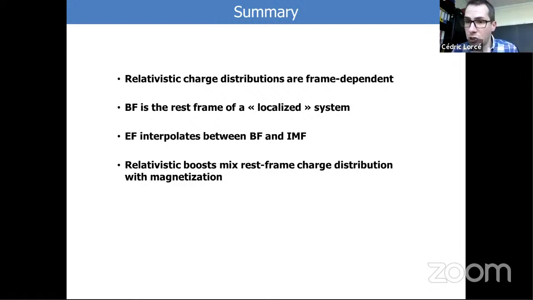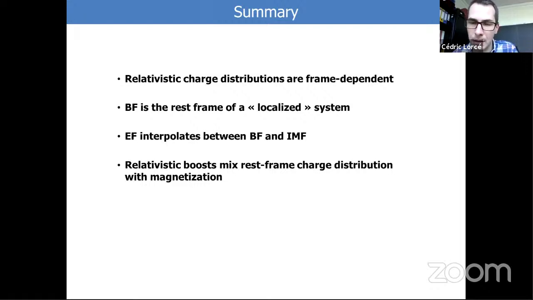And then you can define charge distributions in any frame, and you have a natural interpolation between the Breit frame and the infinite momentum frame. And all the weird things that appeared in the infinite momentum pictures have nothing to do with the dynamics. They are only artifacts coming from relativistic effects, which mix rest frame charge density with rest frame current density, and also create rotation of spin.